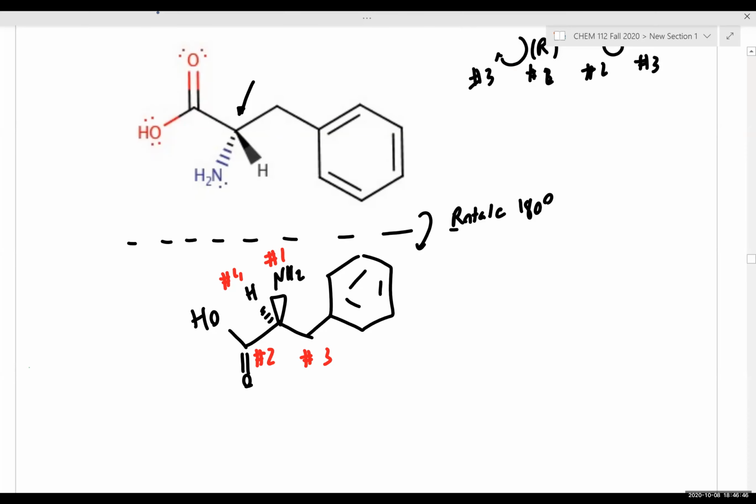I then draw a line going from my highest to lowest priority, and in turn, we would assign this as an S stereocenter, which matches the typical configuration of most amino acids. Does that make sense?